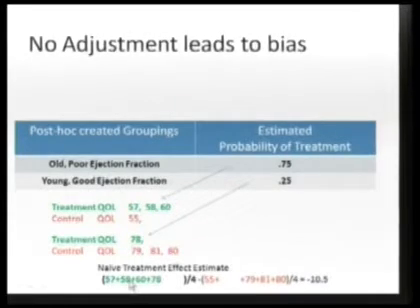When I just add up the treatment people, take their average and subtract off the control people, I see a very harmful effect of treatment. And the problem is it's because healthy people are tending not to get treatment, sick people are tending to get treatment. So how can we adjust for this?